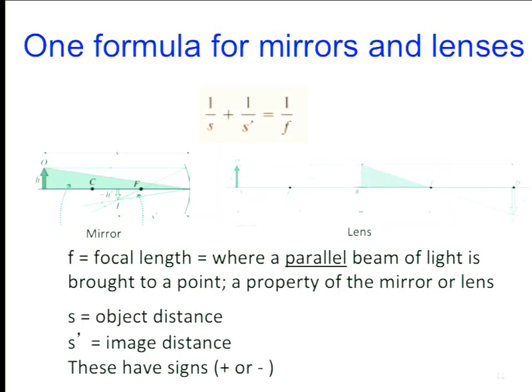So in any case, the story is that this subject is not as complicated as it might seem because we treat mirrors and lenses with the same formula. You just have to know what they mean.